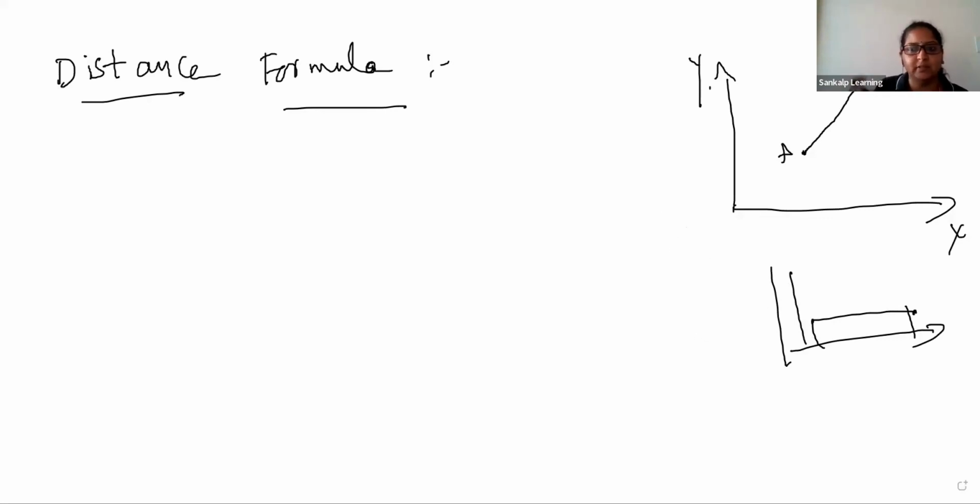Now it is neither parallel to the x-axis nor parallel to the y-axis. It is in another direction. So now how to find out the distance between the 2 points?